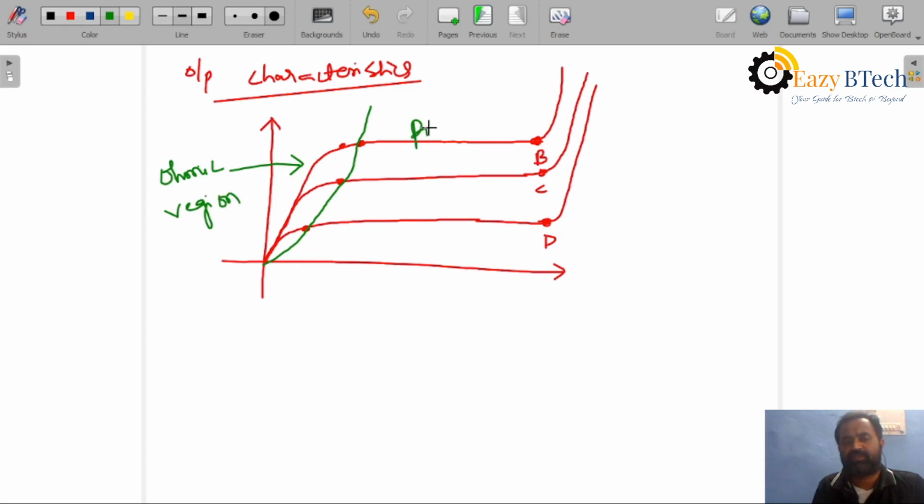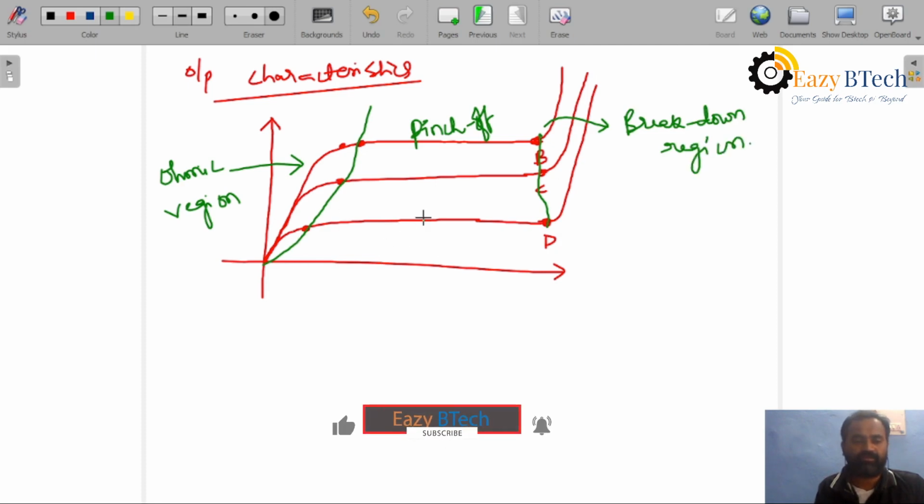This region is known as the pinch off or saturation region. And this region BCD is known as the breakdown region.